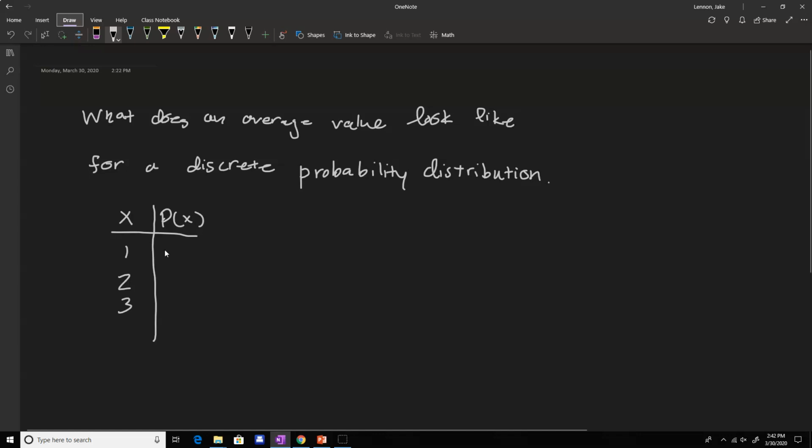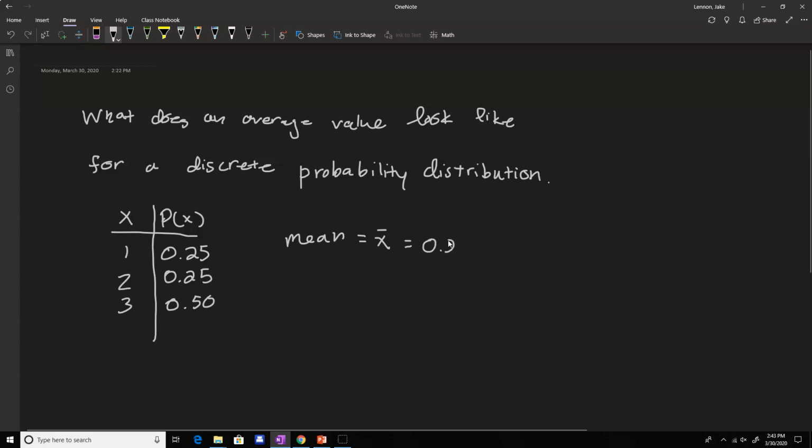Maybe 1 happens 25% of the time, 2 happens also 25% of the time, but maybe the third outcome is more likely, and that happens 50% of the time. I don't know why I wrote a 3, because I was looking at the associated value. So for your mean, which here would typically be using the notation x bar, you just take your probability weight, multiply it by the value, and then add.